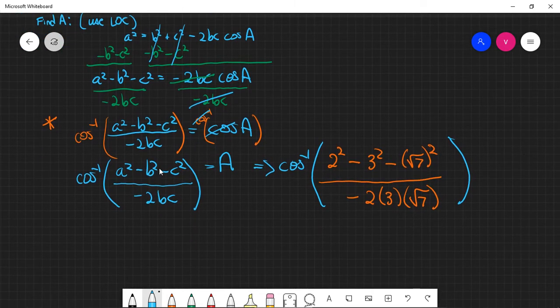So here's the trick. You did all that algebra so you could just cleanly plug everything in there, the A, the B, the C, and the B and the C down there, okay? Now, when you're doing this in your calculator, make sure, again, you're in degree mode.